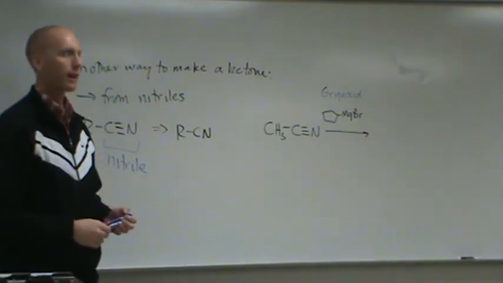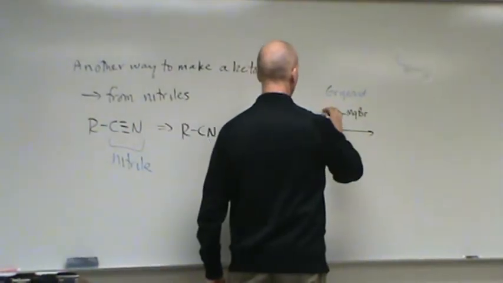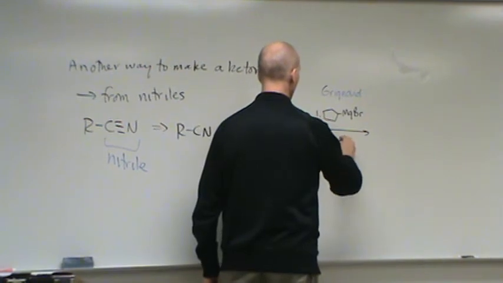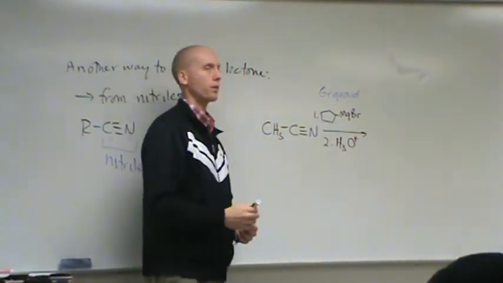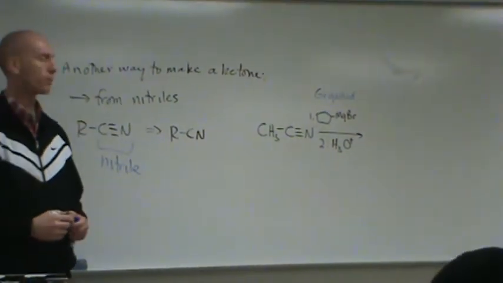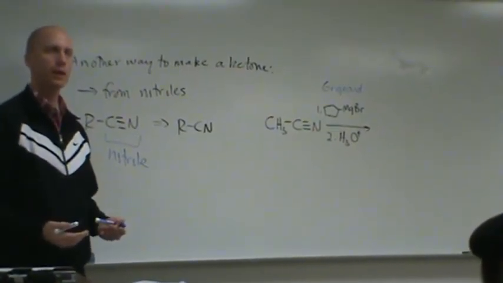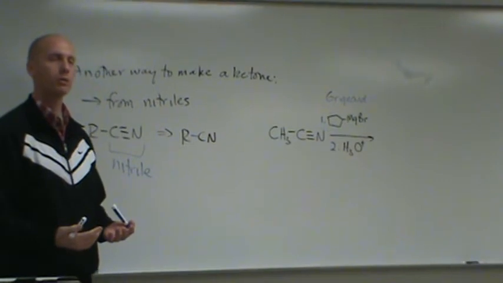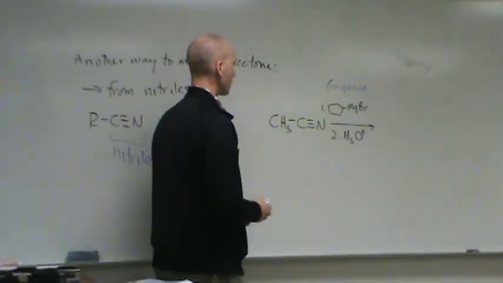And this is a two-step reaction. We first react with the Grignard, and then secondly react with H3O+. I'm not going to hold you accountable for any mechanism. I just want you to be able to know how to draw the product. So let me show you how to draw the product.